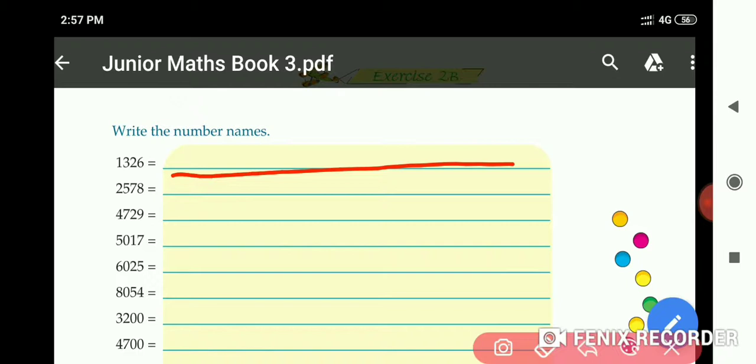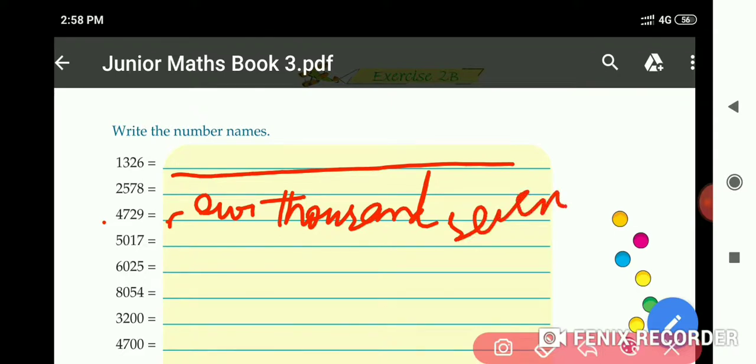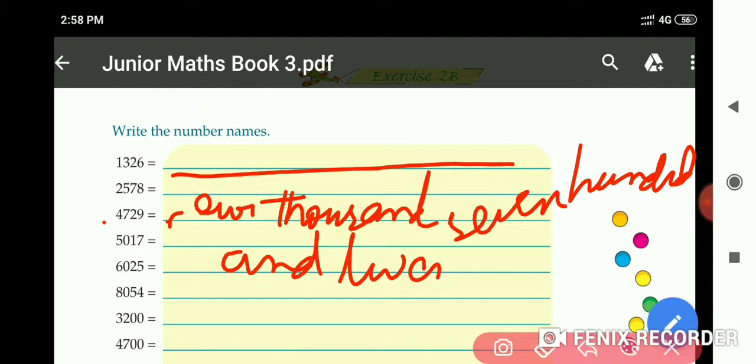Now come to the third one, 4729. So how will you write? 4700 and 29.